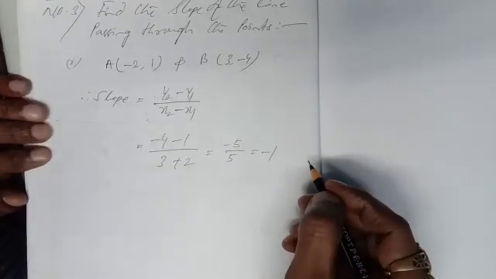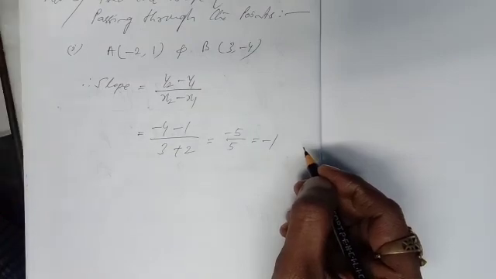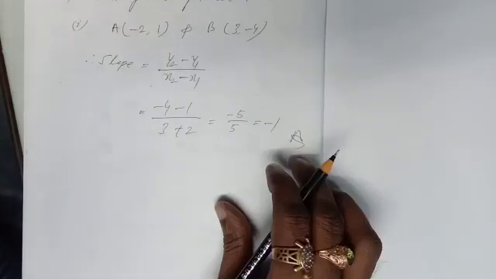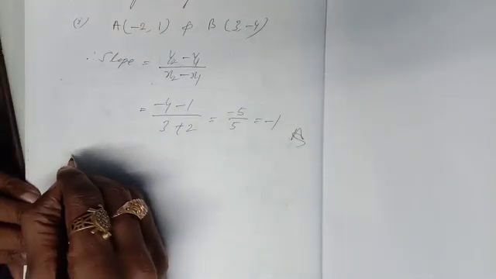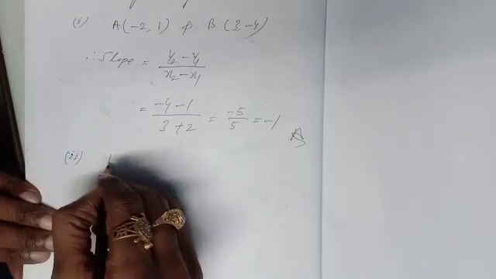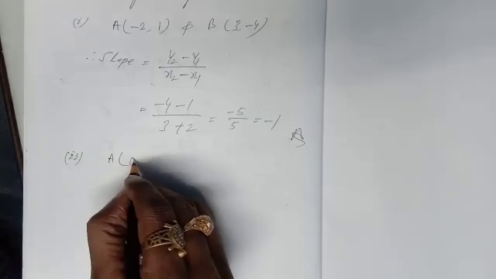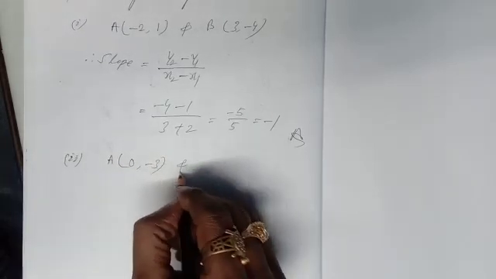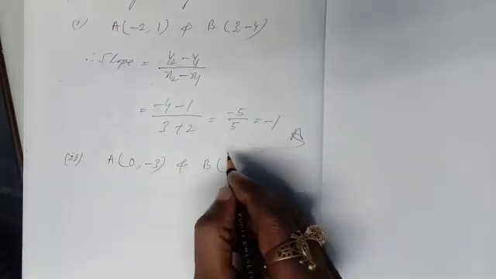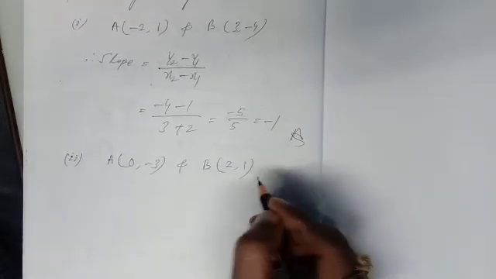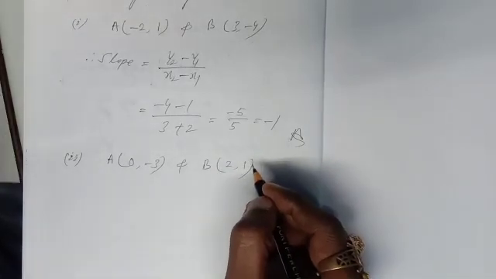So the slope of the line is -1. See the second part. Number 3, second part: the points are A (0, -3) and B (2, 1), and find the slope.